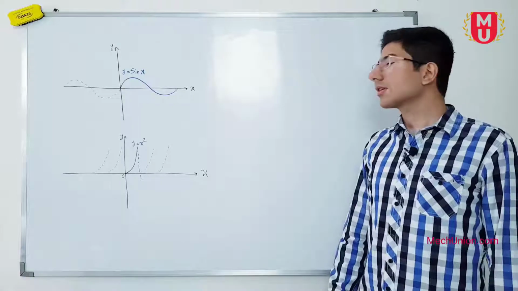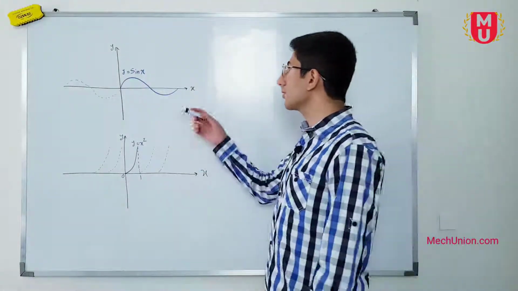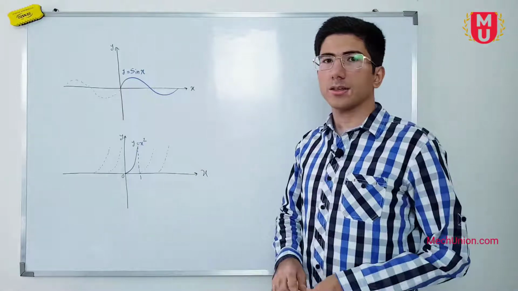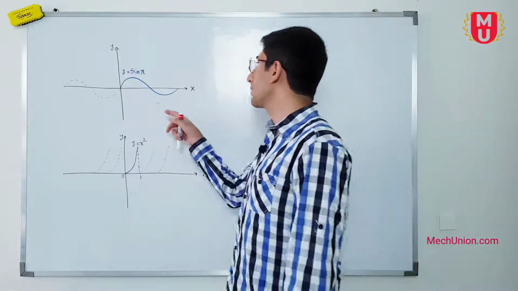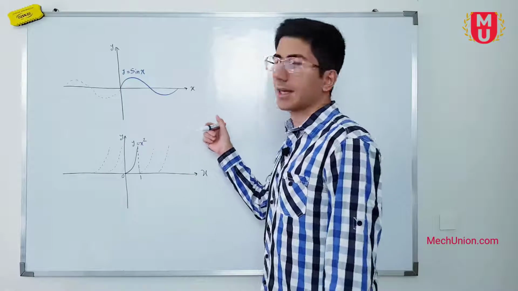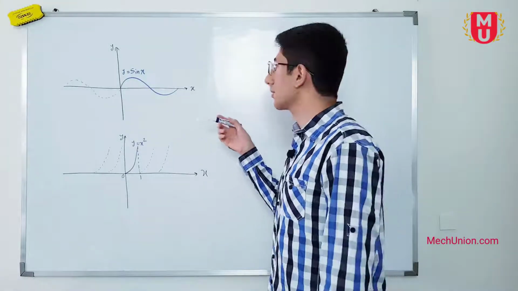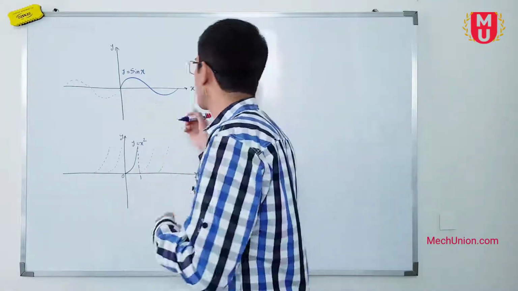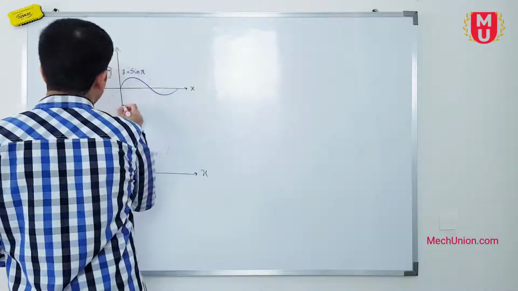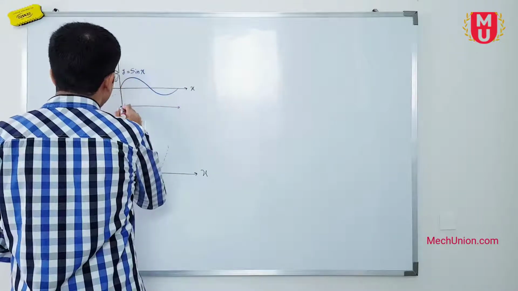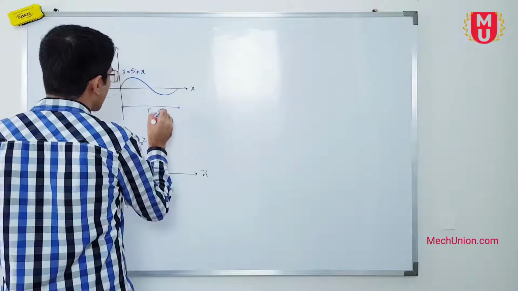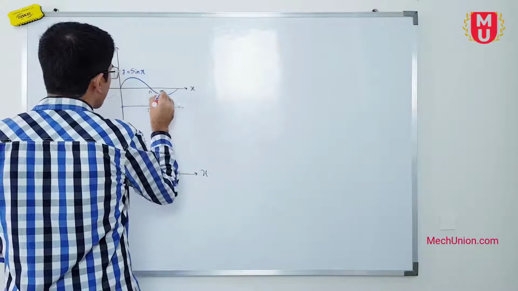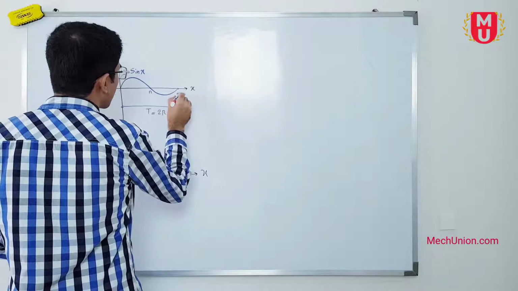For the introduction, I have brought you these two graphs. I want to talk about Fourier series. In these graphs, the behavior of the function is repeated n times, as much as the period. This is the period of sine, as much as T. It's 2 pi. This is pi and this is 2 pi.